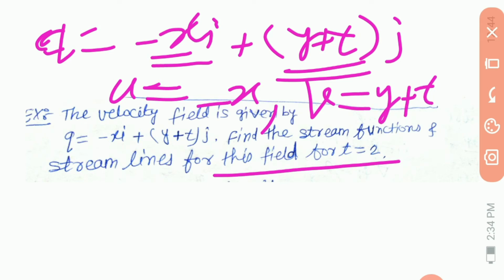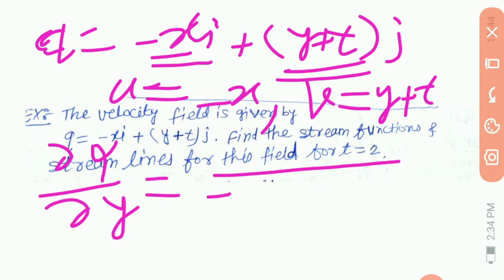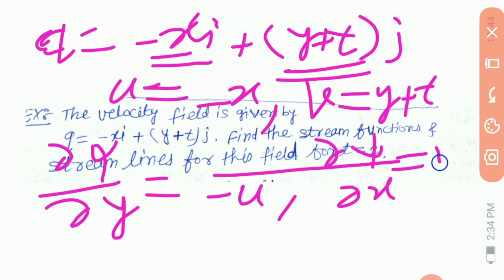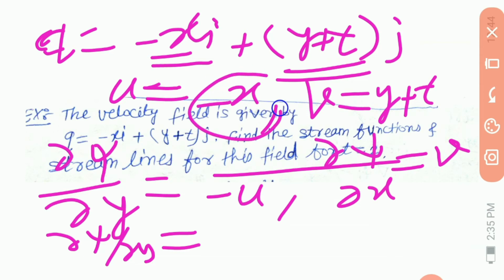And we know that ∂ψ/∂y is minus u, and ∂ψ/∂x is v. So what do we get? We get ∂ψ/∂y is equal to minus u, will be minus of minus x.